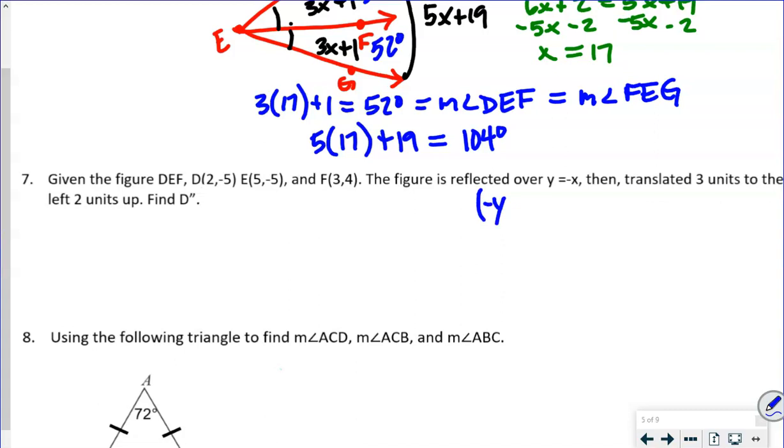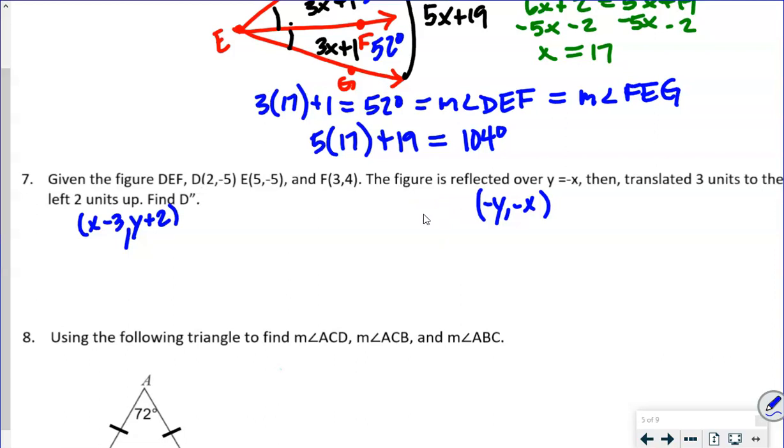Over y equals negative x, so negative y comma negative x. Then translated 3 units to the left, so that's going to be x minus 3 and y plus 2, right? So again, doesn't have the word after this time, so you need to be watching for that word, okay? If the word after is there, then you're going to flip the order, okay? So in this case, it's not there again.